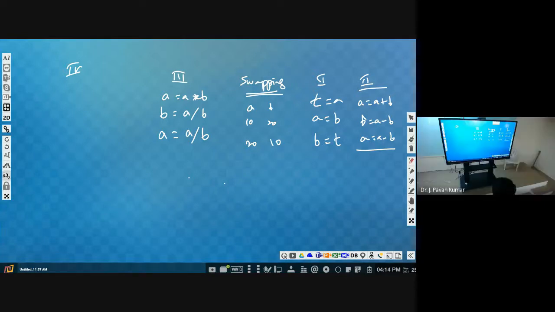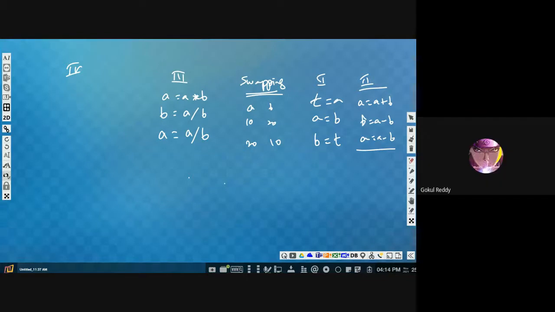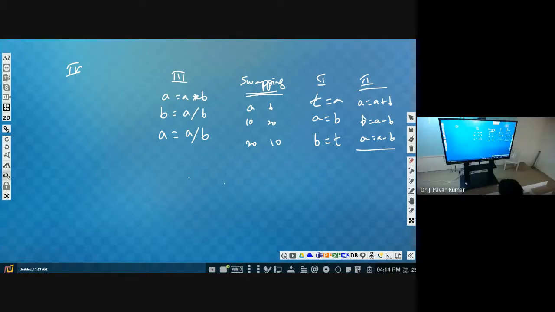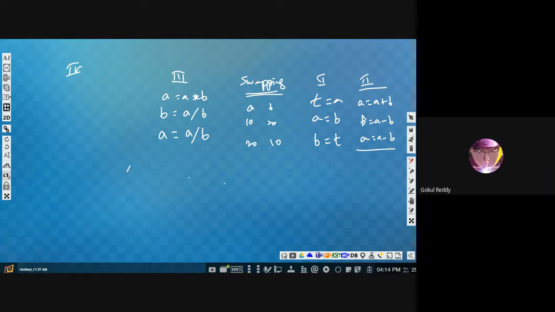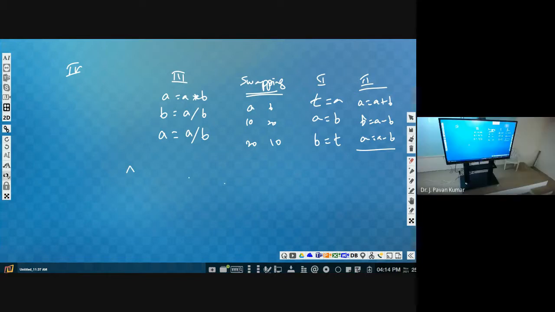AND, OR, exclusive OR, left shift, right shift, tilde operator, that negation operator. Total how many? 6. Try to find out how we can swap two numbers. Okay, I will give the clue: exclusive OR we have to use. How can we use exclusive OR to swap two numbers?